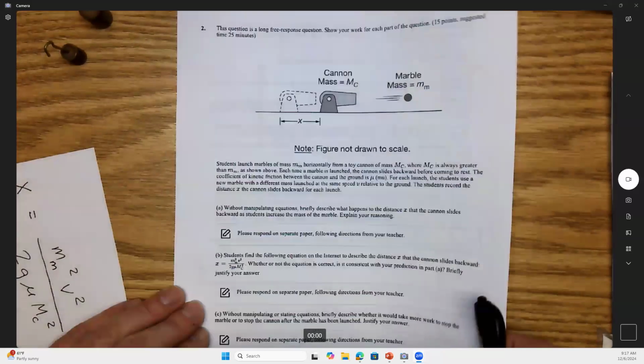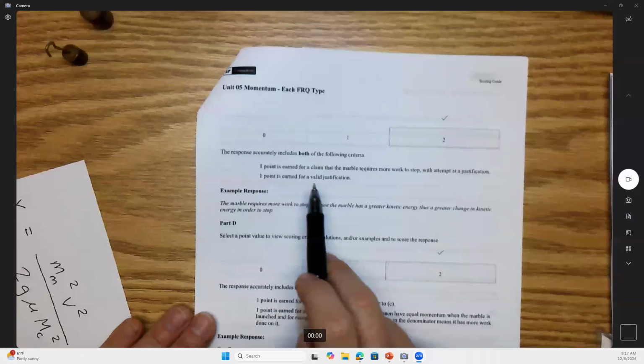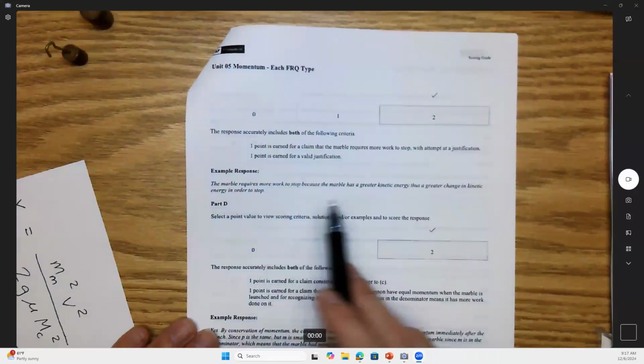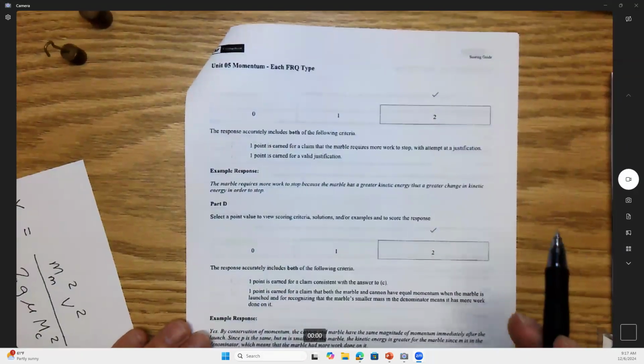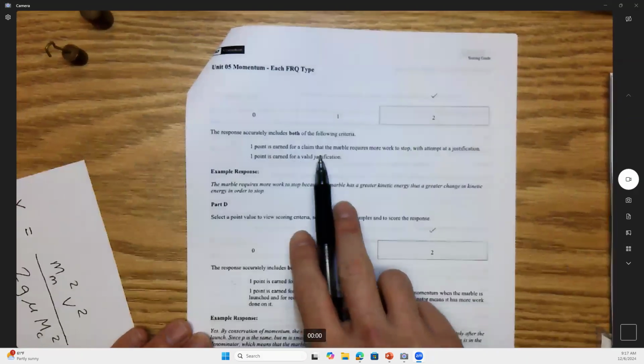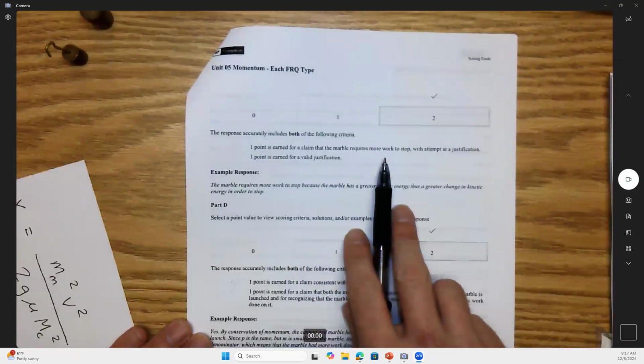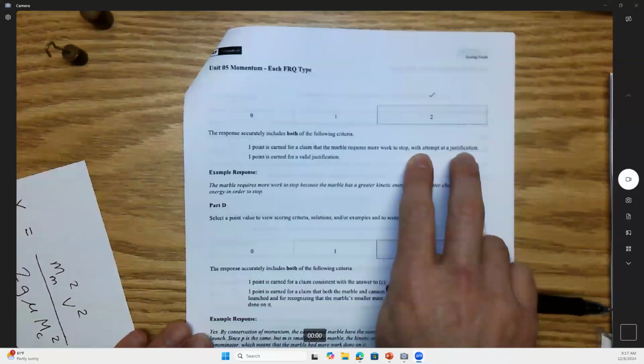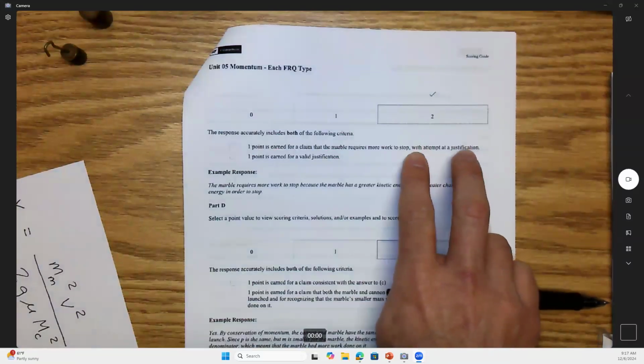Right. So let's see part C, how they score this. We've got 2 points here. Wait, we're on C, right? 1 point for a claim that the marble requires more work to stop with an attempted justification. So if you pick the marble and you at least attempted to justify that by itself, they're giving you 1 point.